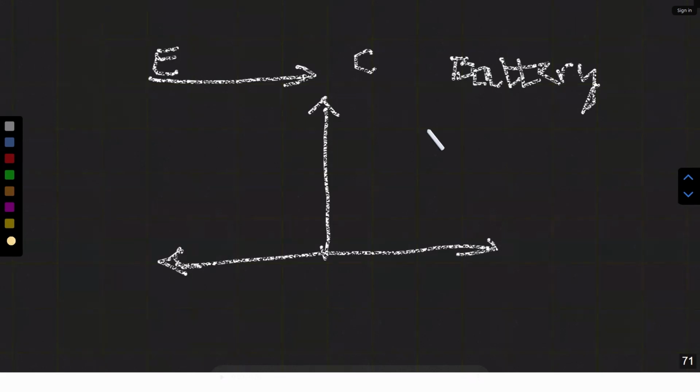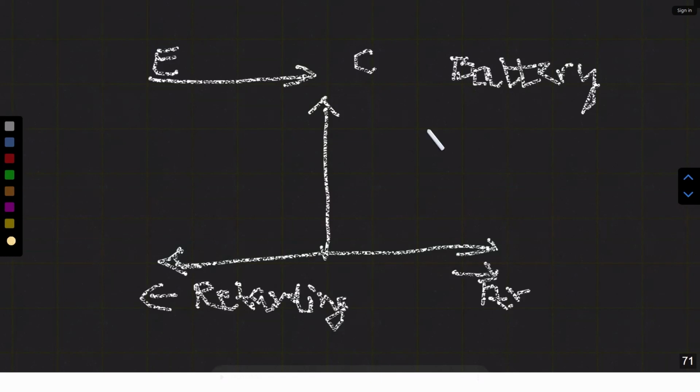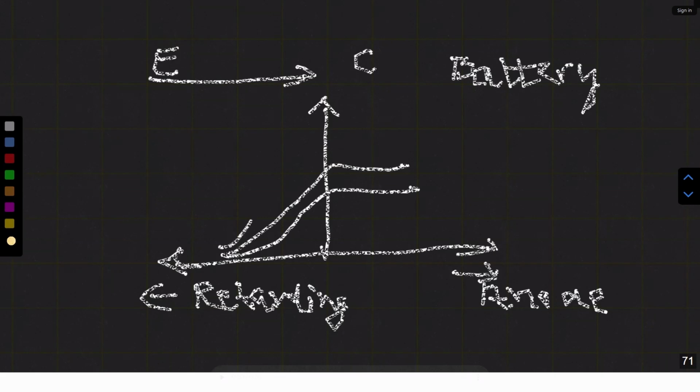This is the retarding potential over here, and this is the anode potential. From here, our graphs go like this: 1, 2, and third one. And this particular point is nothing but the stopping potential.